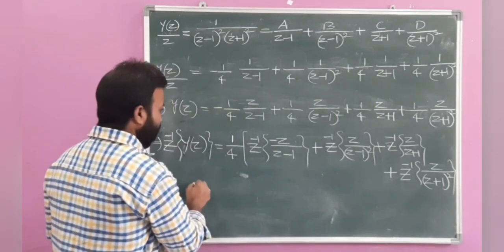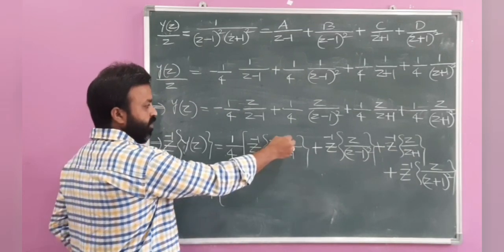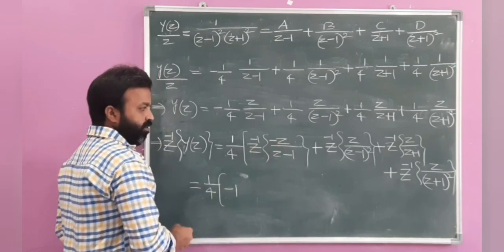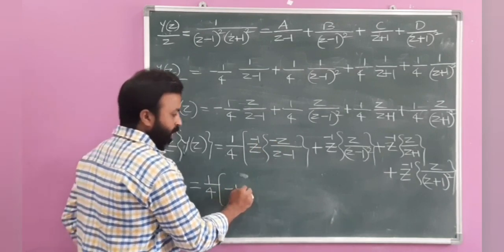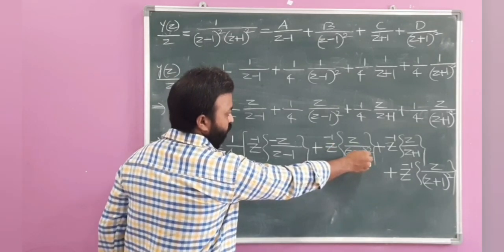And now this is equal to 1 by 4 into z inverse of z by z minus 1, that is 1. Here we have a negative sign, so it is minus 1, plus z inverse of z by z minus 1 whole square.